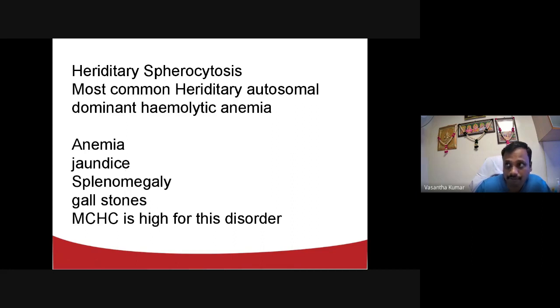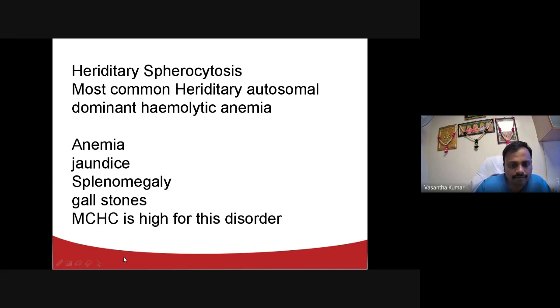The patients will not have increased conjugated bilirubin, and because of increased unconjugated bilirubin, there will be excess gallstone formation inside the patient's gallbladder. So these patients eventually present with cholelithiasis-like symptoms, and because of extravascular hemolysis, there is splenomegaly.